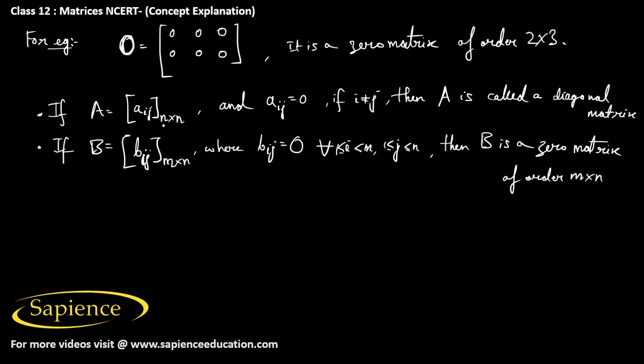And since Aij is n cross n, A is called a diagonal matrix of order n.